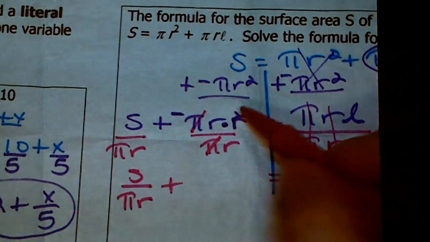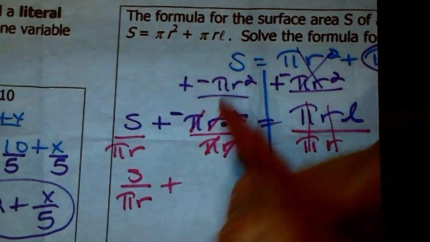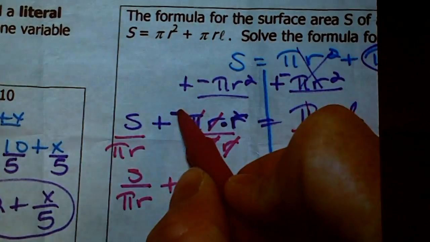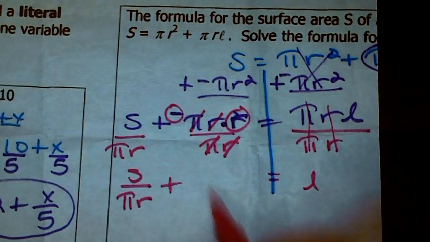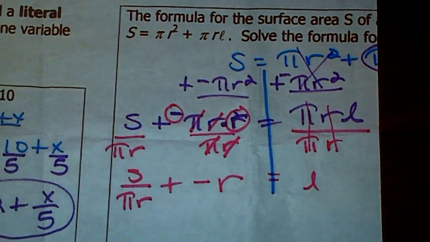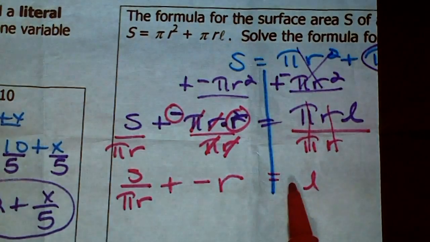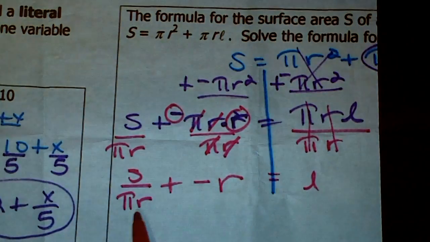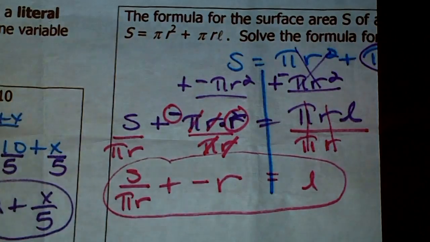Now if I divide one of those r's by itself, it's gone. So you can see that I am left with negative r. So I'm going to write that down. So the answer is slant height is equal to surface area divided by pi r plus negative r. I wasn't kidding. I told you that one was a doozy.